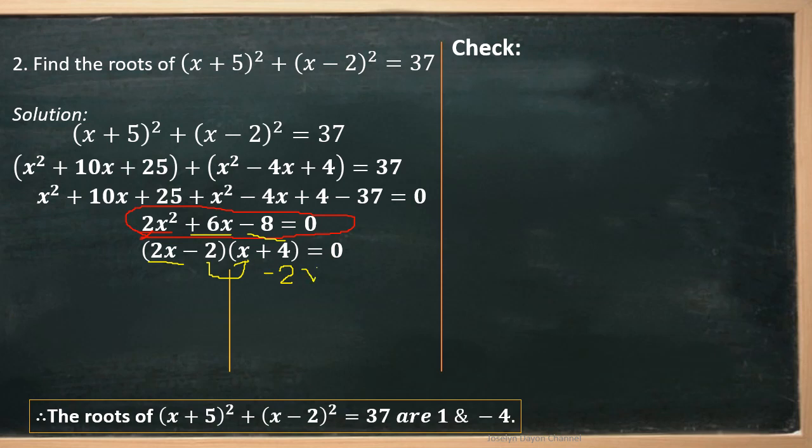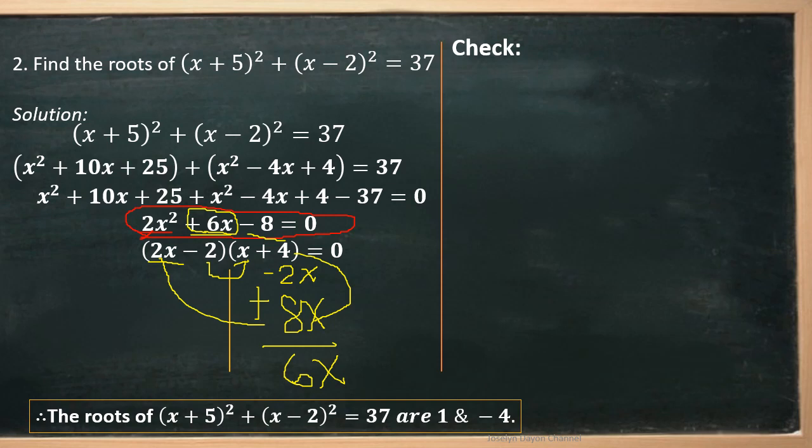Next, we also multiply 2x and 4, the outer terms. The answer is 8x. After that, we add negative 2x plus 8x. Of course, the answer is 6x. The question is, is the middle term equal to 6x? Yes, the middle term is equal to 6x. So therefore, the pair of our factors is correct.